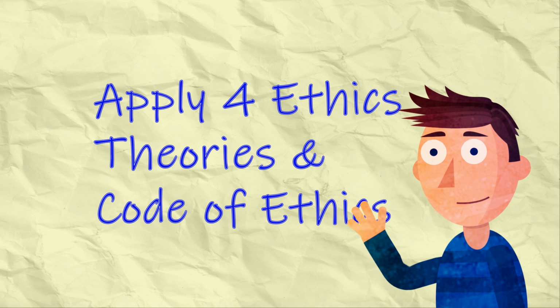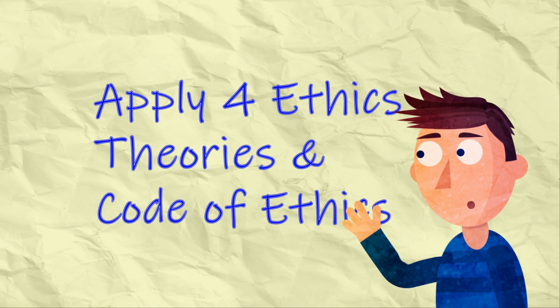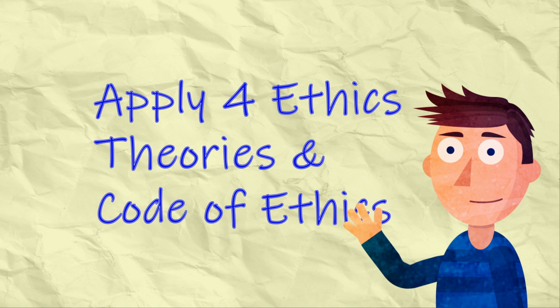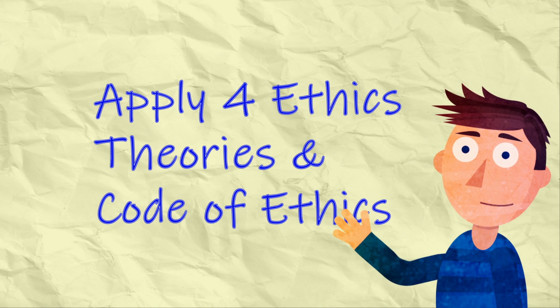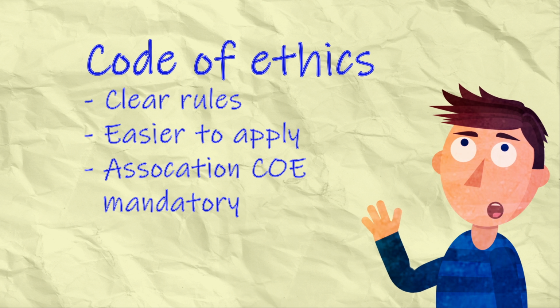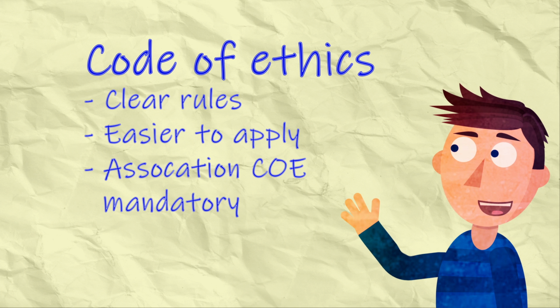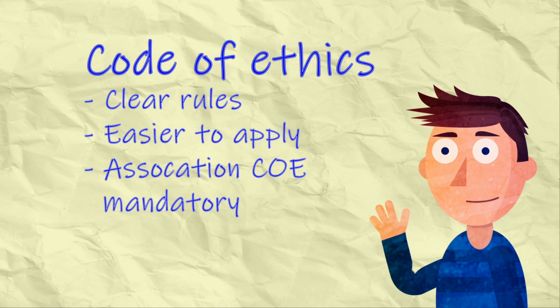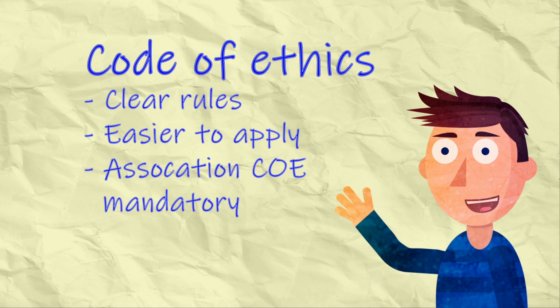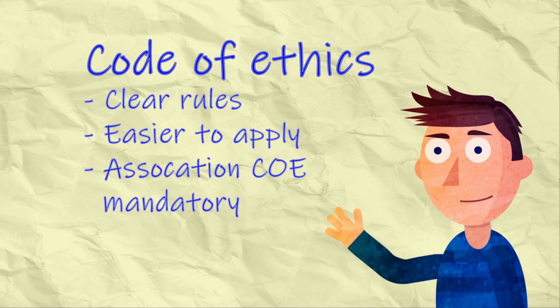In practice, to ensure every professional solution is both technically correct and ethically right as a group, the professional is expected to follow their association's Code of Ethics. The Code of Ethics is a set of clear ethical rules that are easier to apply than philosophical theories.